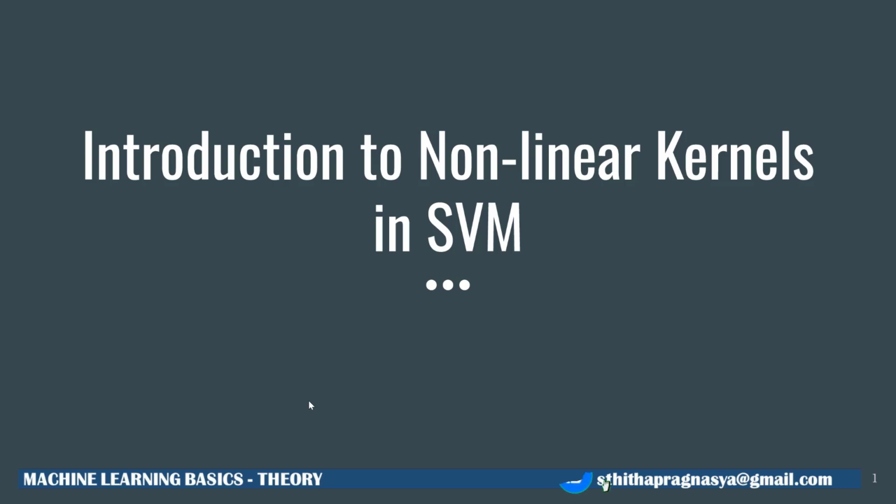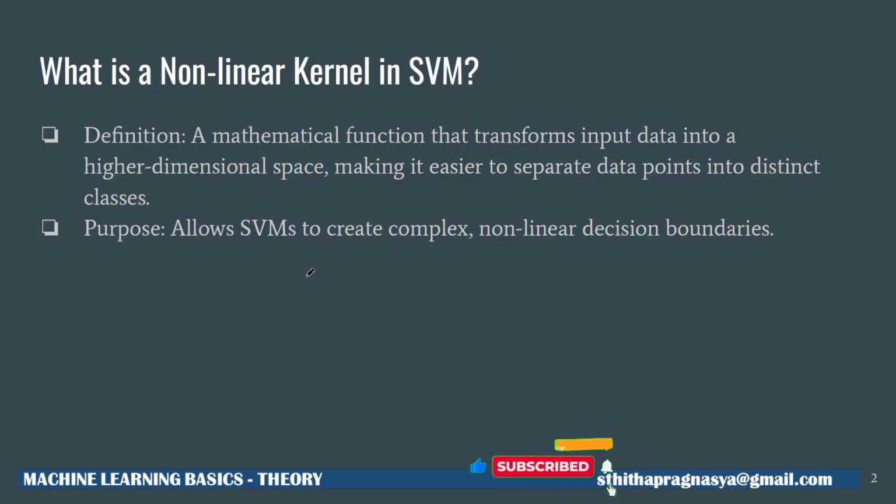So in today's video, we are going to learn what are non-linear kernels in SVM. Okay, first of all, what is a non-linear kernel in SVM? So again, we are learning about non-linear kernels in SVM, which are support vector machines. This is a mathematical function which is used to transform the input data into a higher dimensional space where it becomes easier to separate the data points into distinct classes.